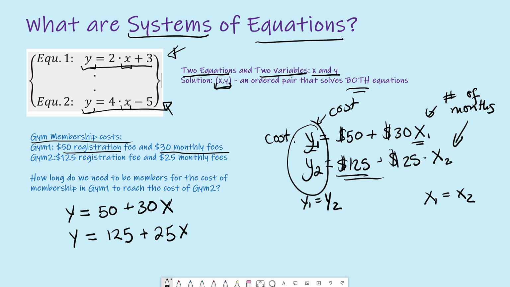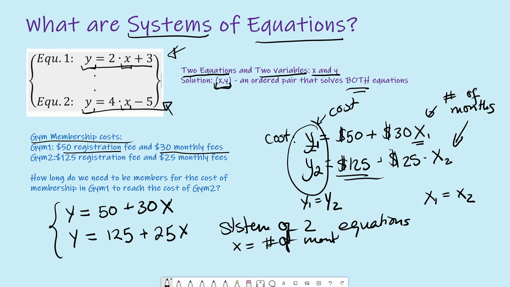And so at this point now we have a system of two equations, right? And our variables are x, number of months, and y, cost, but these are the number of months and the cost when the cost is the same.